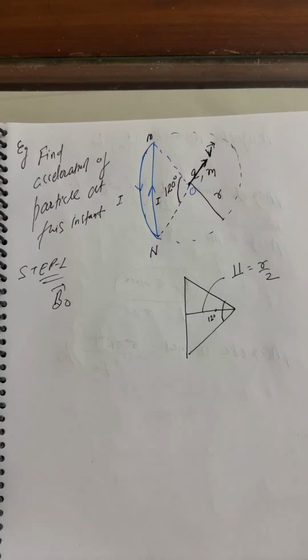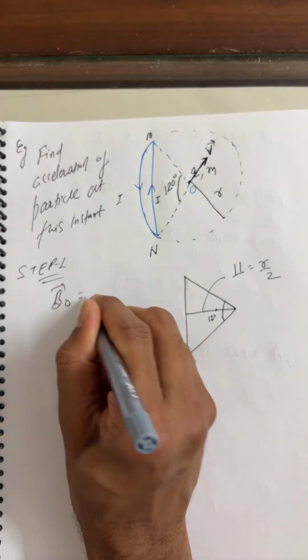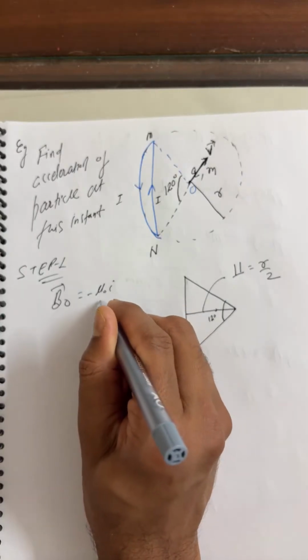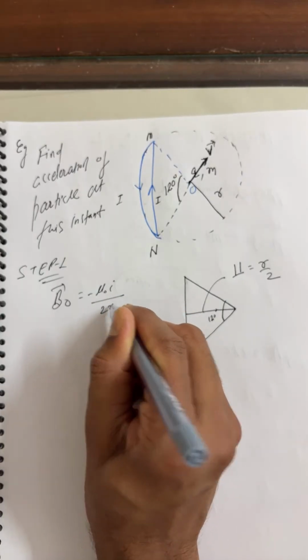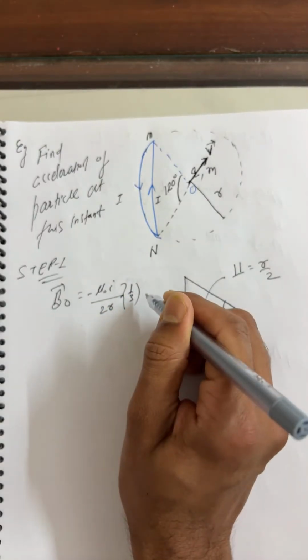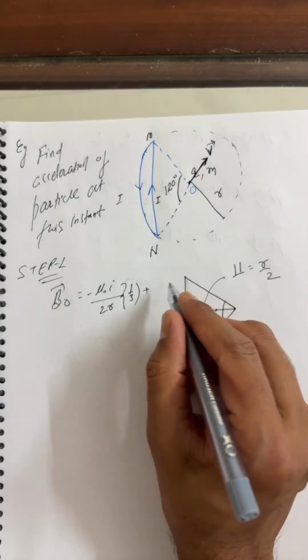Okay. So, beta, here I'm going to write the magnetic field at this point. This is minus mu naught into I by 2R into 1 by 3 plus pi.